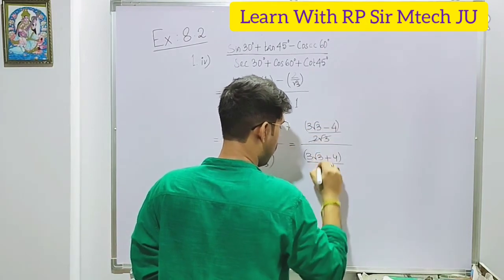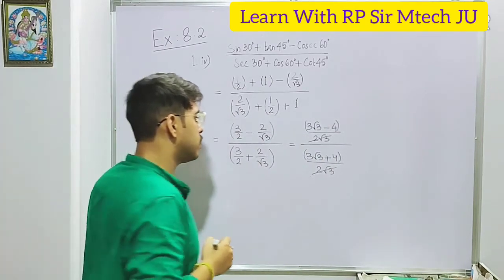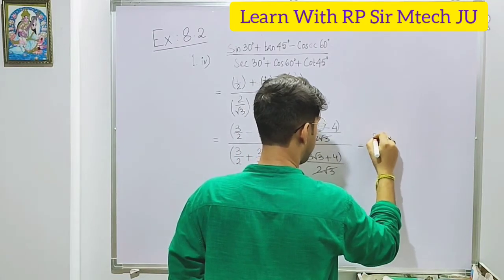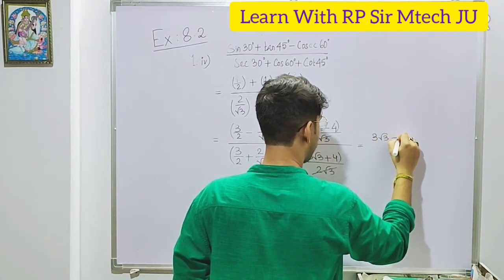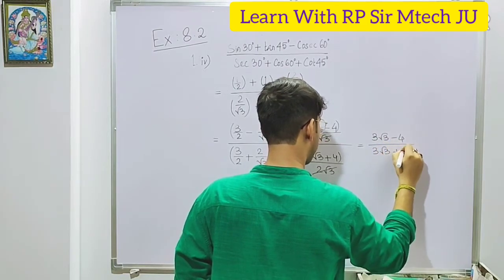Now we know they have the same LCM, so we can cut it directly. So finally the expression that we are having is 3 root 3 minus 4 divided by 3 root 3 plus 4.